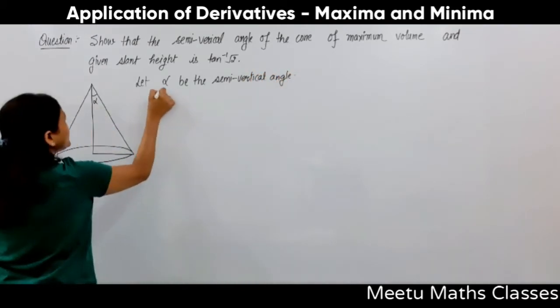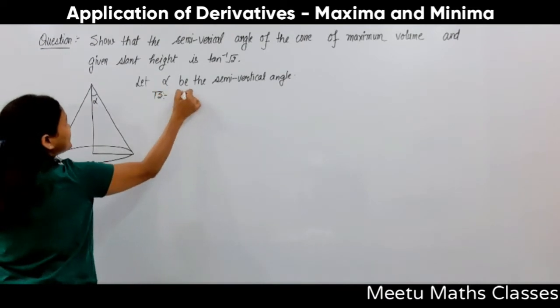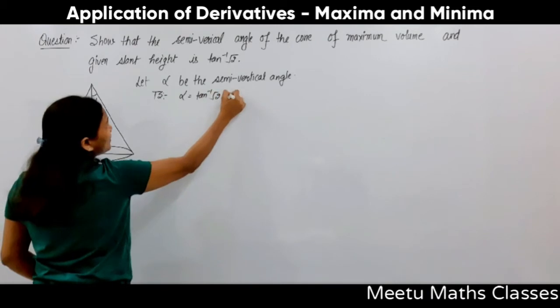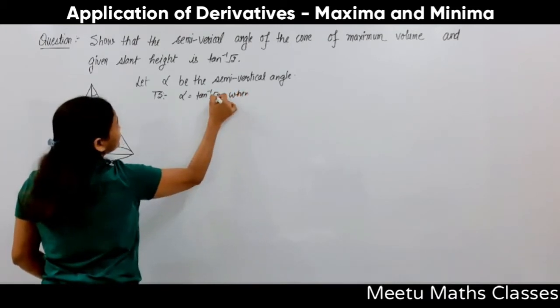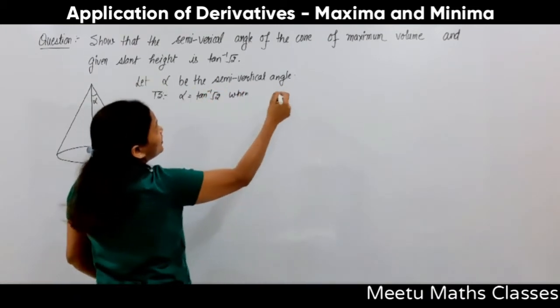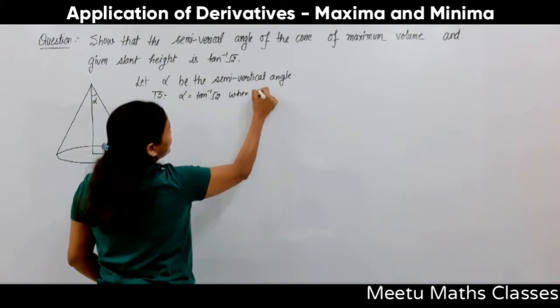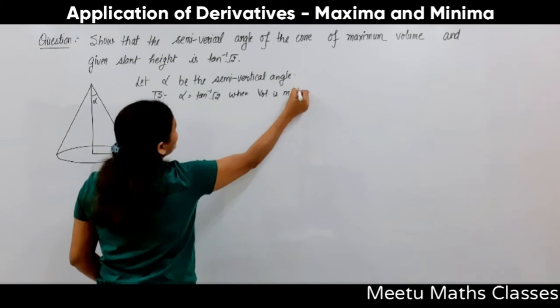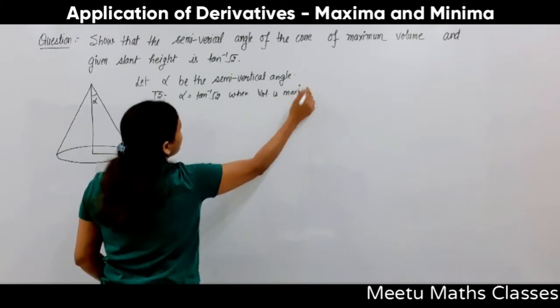We are supposed to show that the semi-vertical angle is equal to tan inverse of root 2 when the volume is maximum. So our purpose is to maximize our volume function.